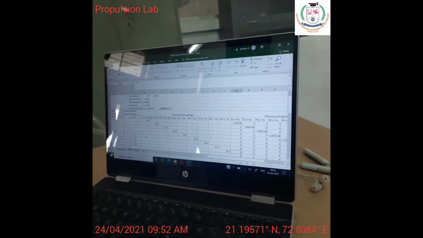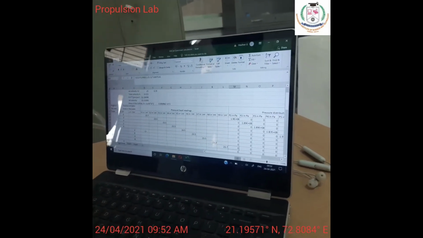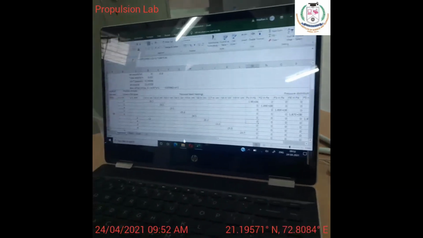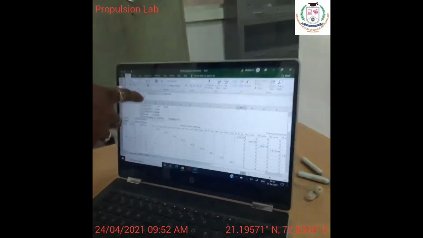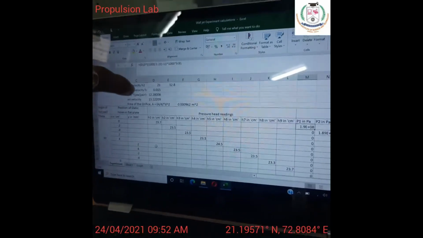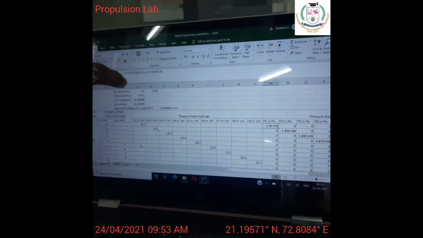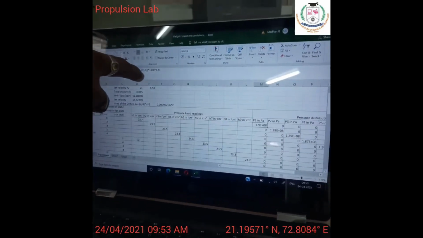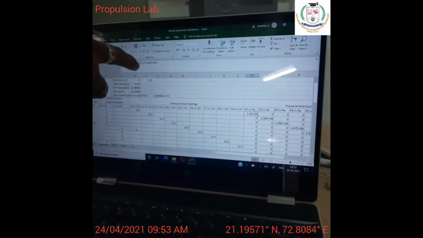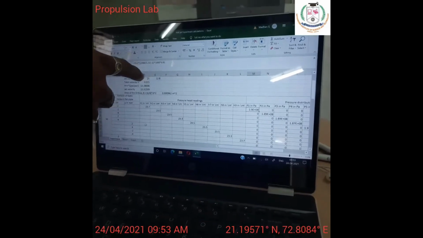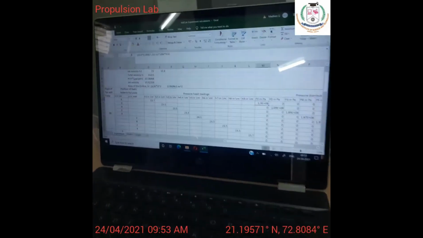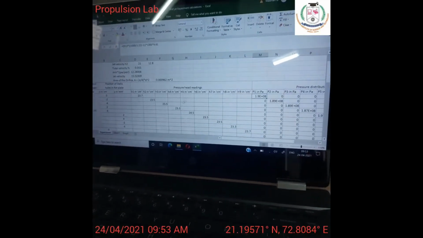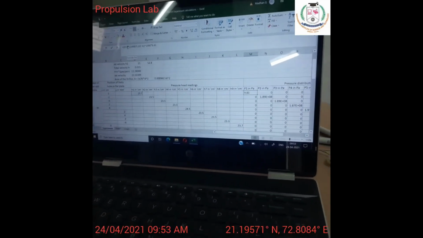So for each port, your value of pressure is calculated. So what is the pressure? As per the formula, we have H, and this H is multiplied by 100 by 1.22. The pressure P1 is not in the order of 10 power 8 because I didn't convert. These units are in centimeter, right?